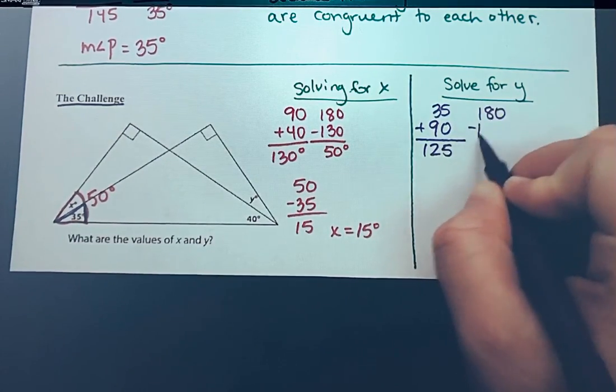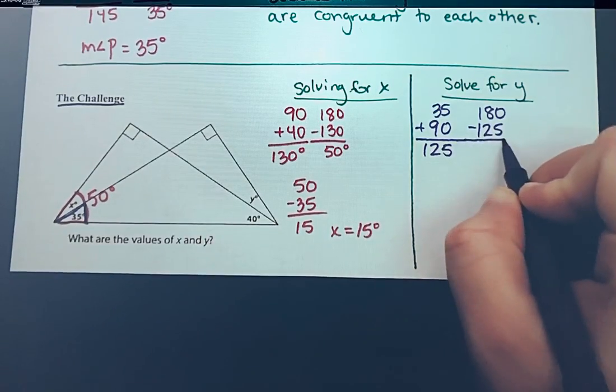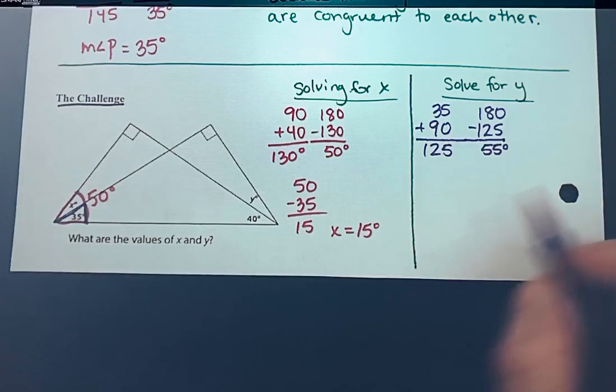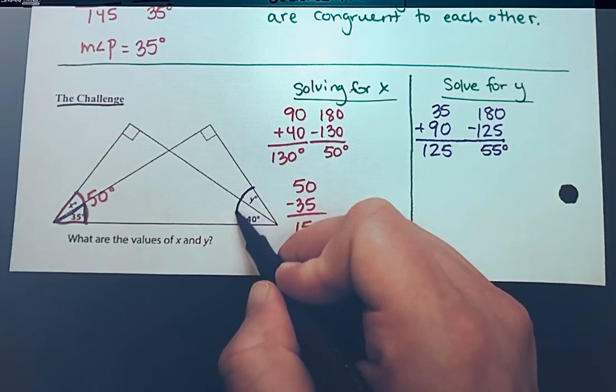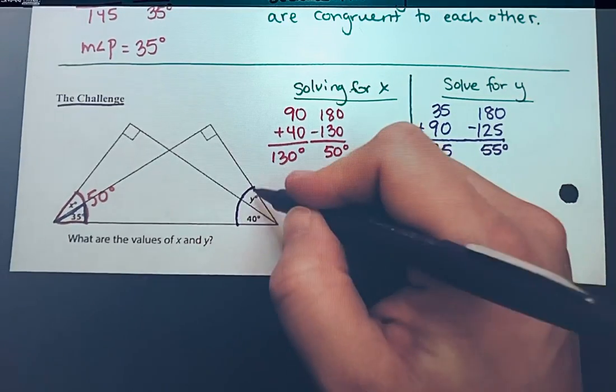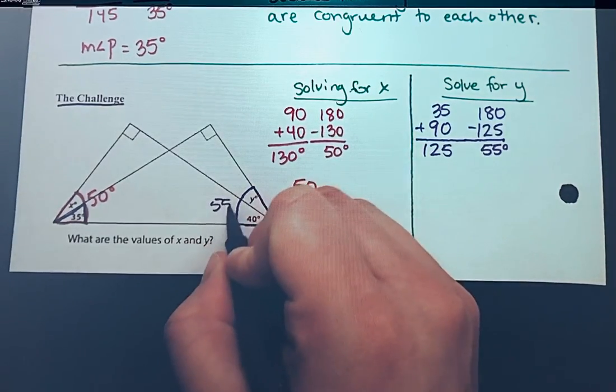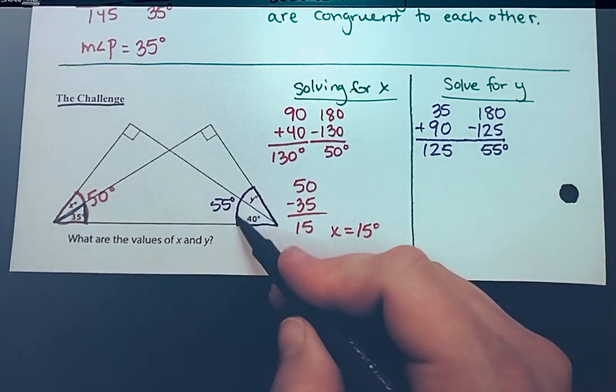180 minus 125 gives me 55 degrees, which means this measurement here, from here to here, is 55 degrees total for the whole entire thing.